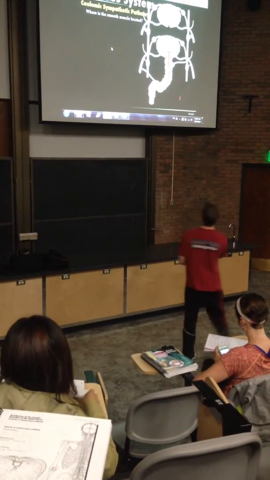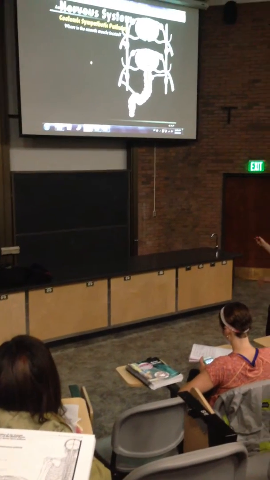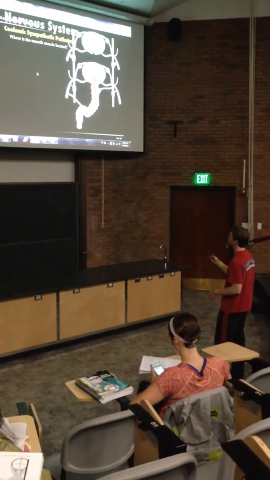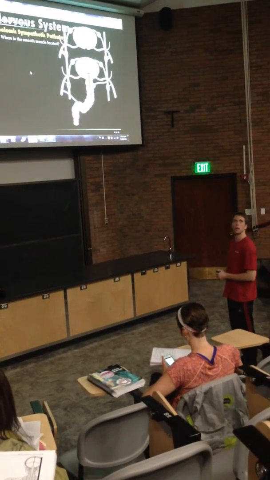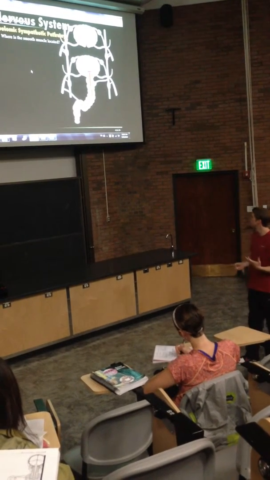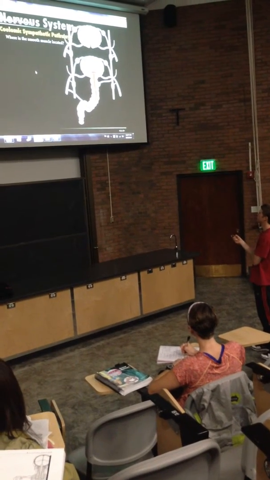Okay, so again, what's this structure called that runs up and down both sides of the vertebral column, but outside the bone? That's going to be the sympathetic trunk. And those who haven't finished the autonomic nervous system will see its purpose today.